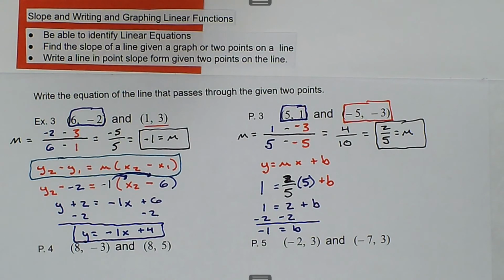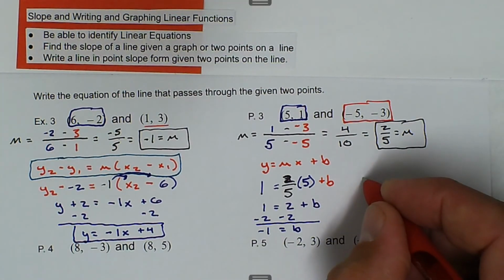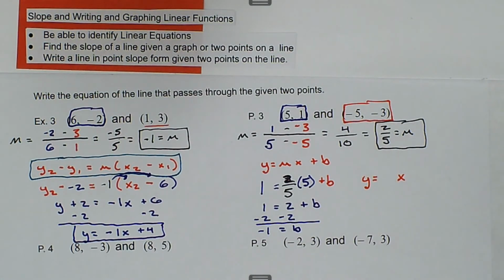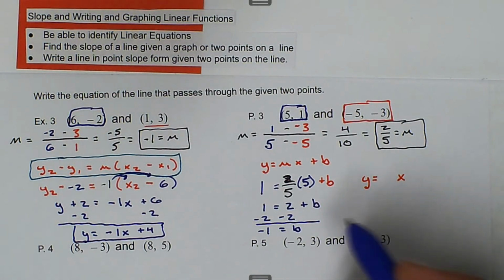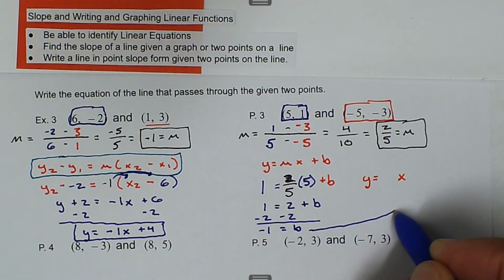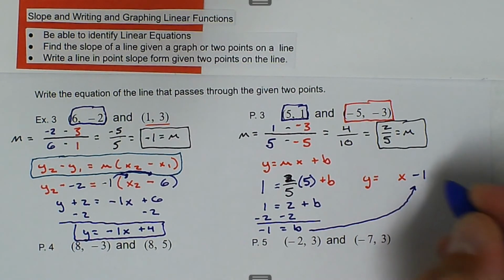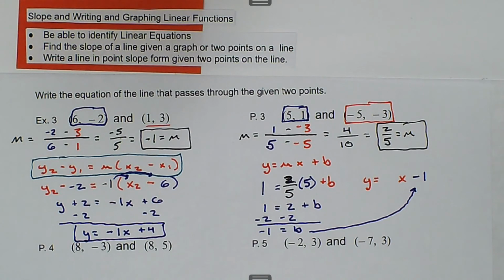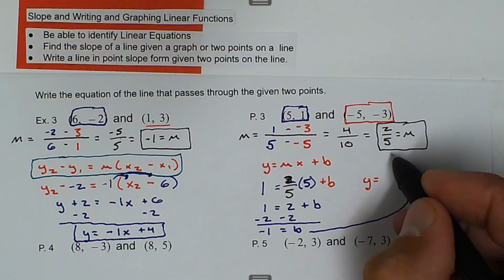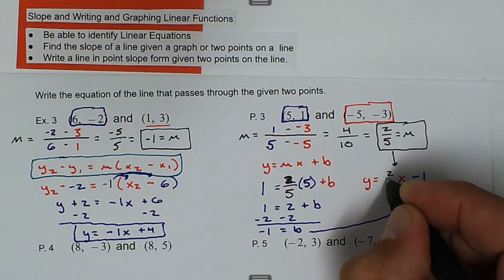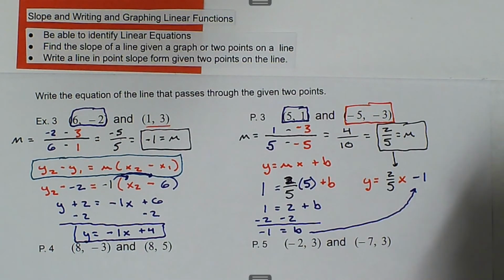So we still have the y equals and the x. Now b goes in for our b value, which is minus 1, and the slope we calculated earlier goes in as the coefficient of the x, and that is 2/5.